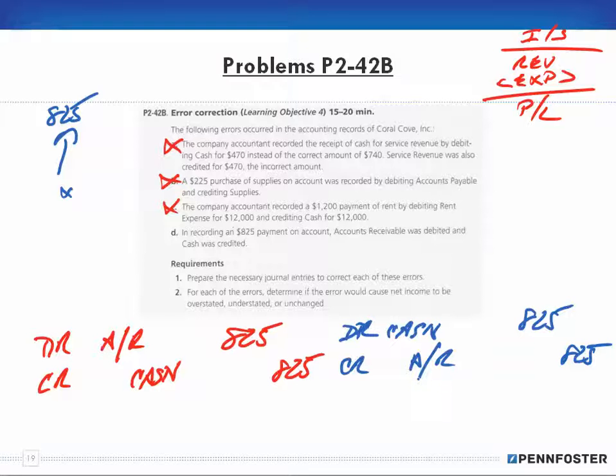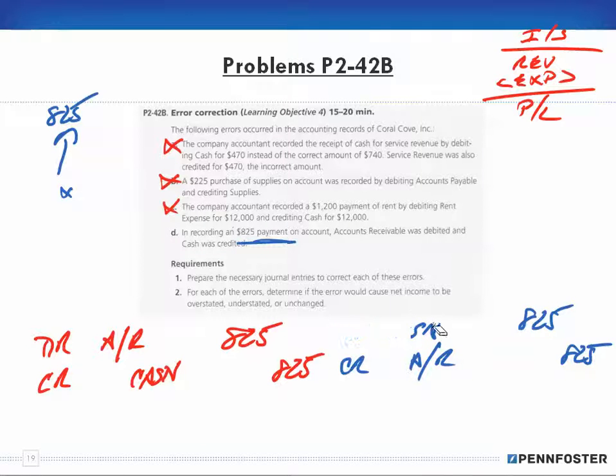Let me think about this. In recording an $825 payment on account. Payment on account. All right, yep.